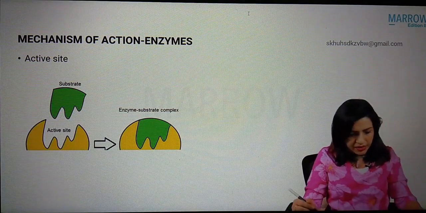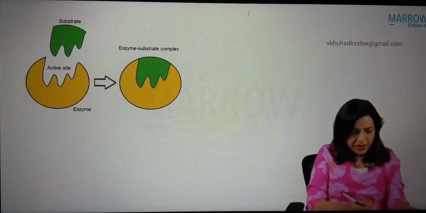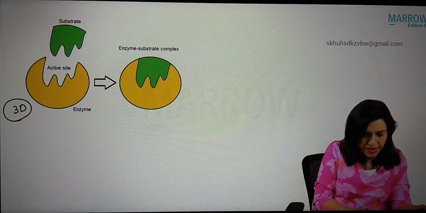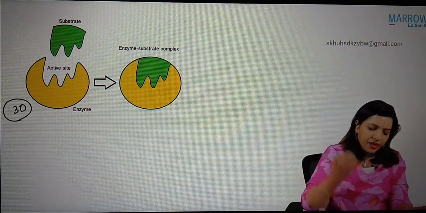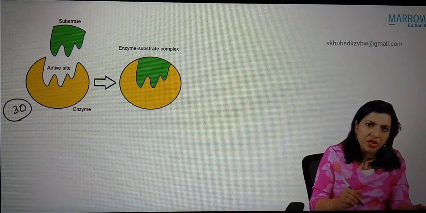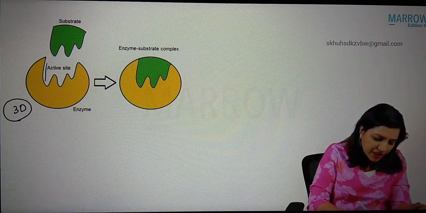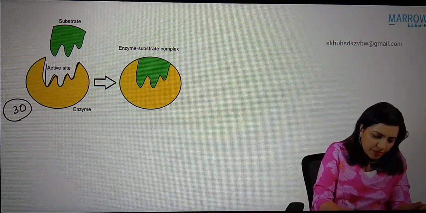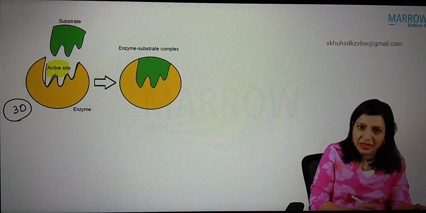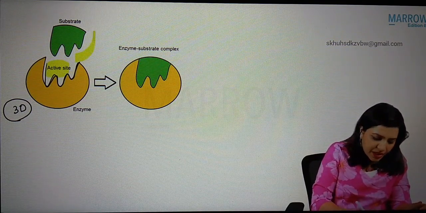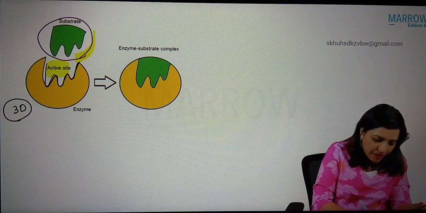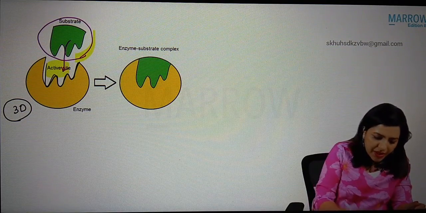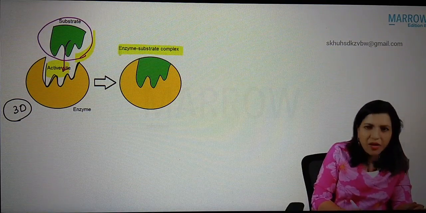What we are discussing here is, you can see, the three-dimensional structure of the enzyme, and in this three-dimensional structure you can see a crevice or a pocket here. This crevice or pocket is called the active site, and the substrate should come and bind to this active site. So what is formed is an enzyme-substrate complex.